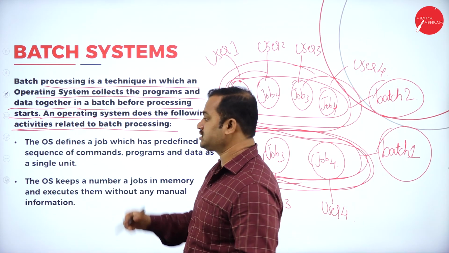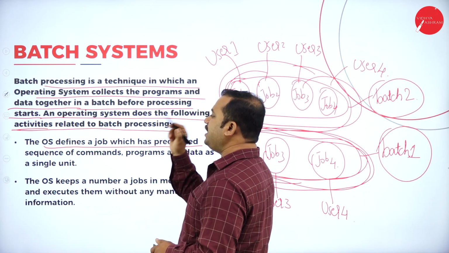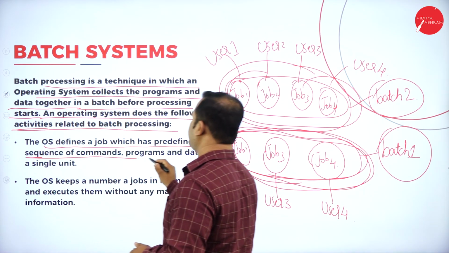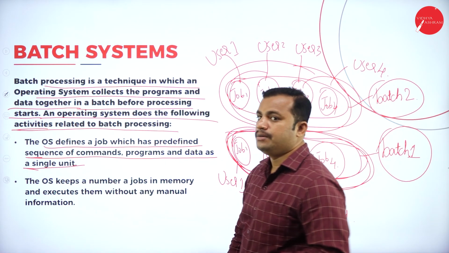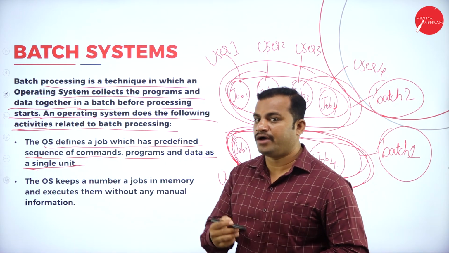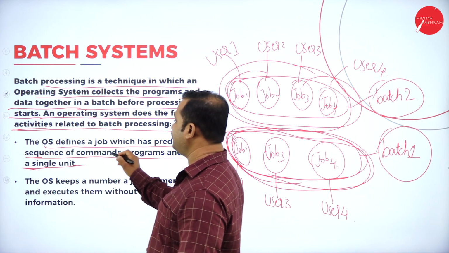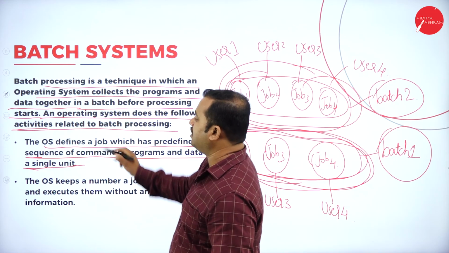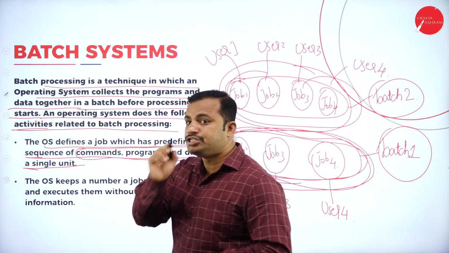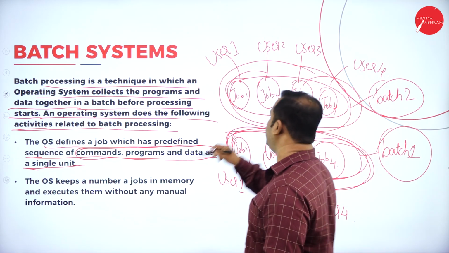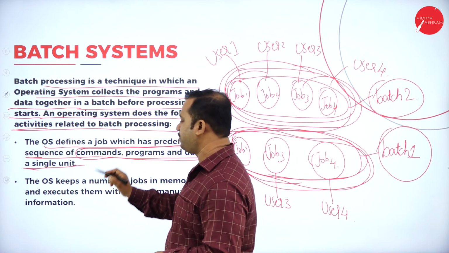The first one is that the OS defines a job which has a predefined sequence of commands, programs, and data as a single unit. Pre-processing directives, as you have already seen, such as macro expansion, are similar: if there is any predefined sequence of operations, commands and programs which needs to be carried out as a single unit like this, it is called a batch processing operation.